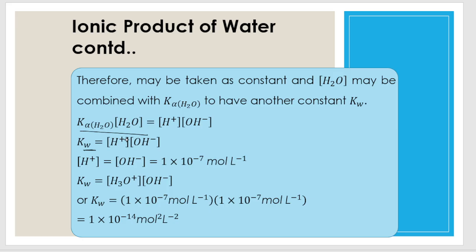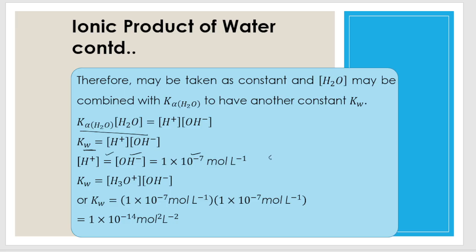Just try to remember, either for the aqueous solution of neutral electrolytes or for water, H plus ion concentration is always equal to OH minus ion concentration, and the value is 10 power minus 7 at 25 degrees centigrade.